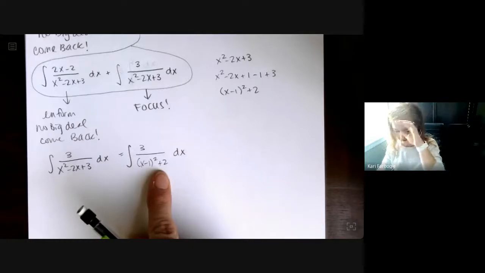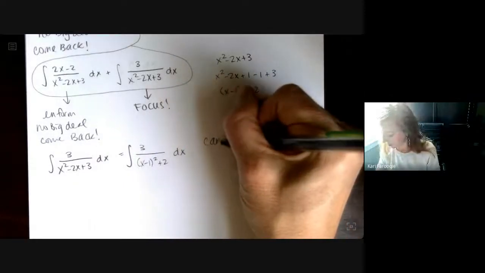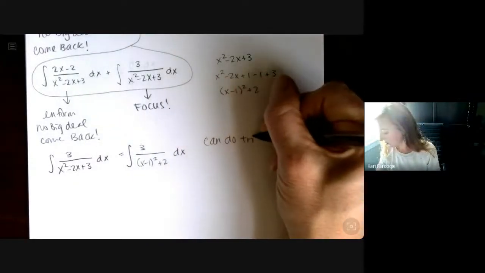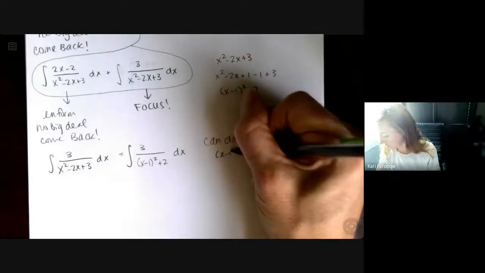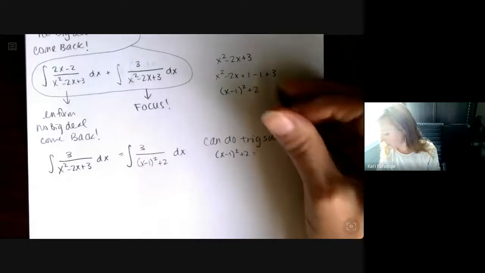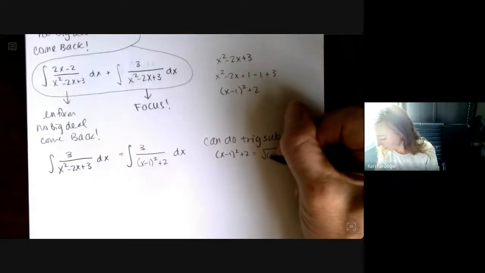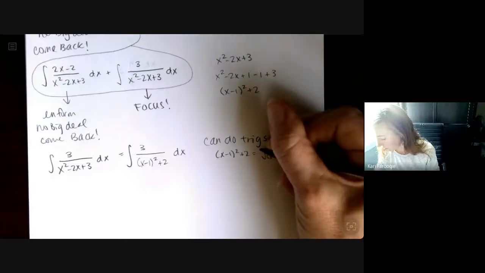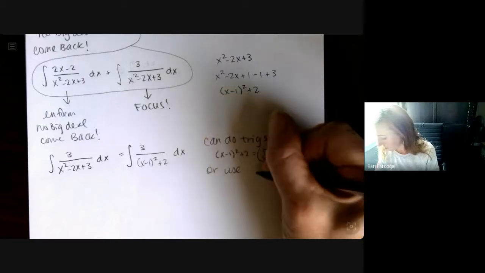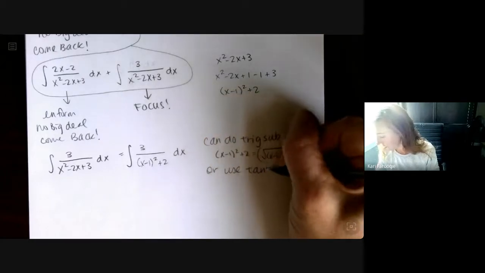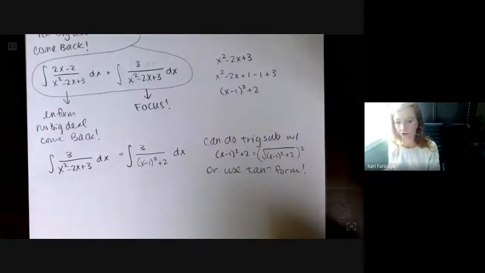I feel like it's more obvious that way. So I'm going to write: can do trig sub with x minus 1 squared plus 2 being the square root of x minus 1 squared plus 2 squared, or use inverse tan form. That's what I'm going to do.